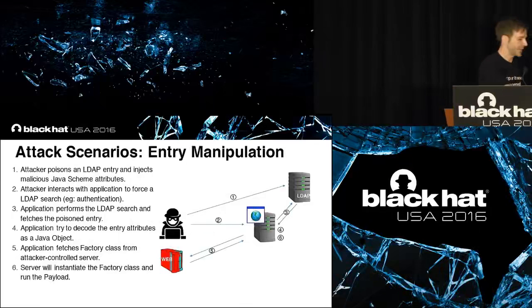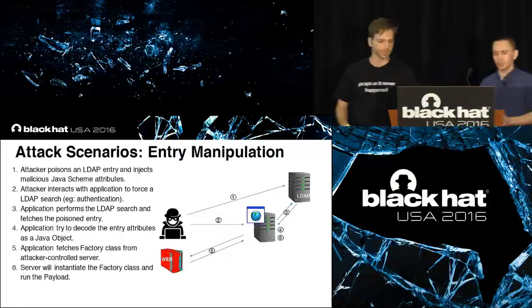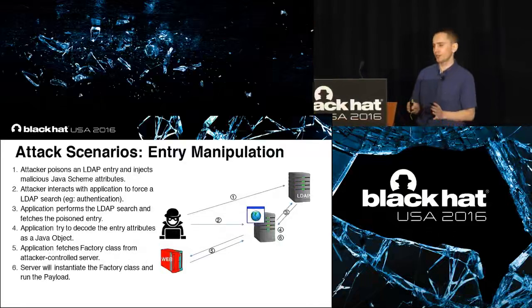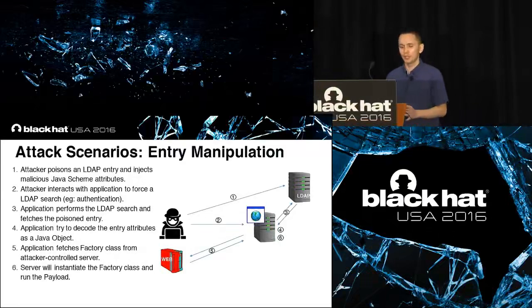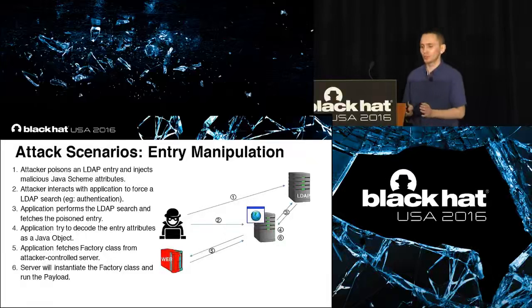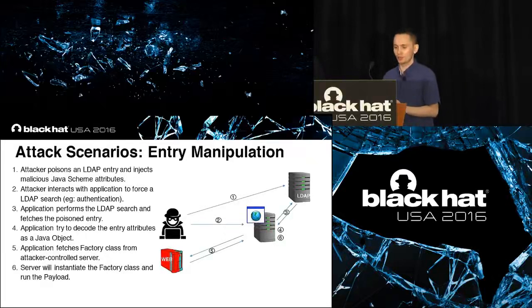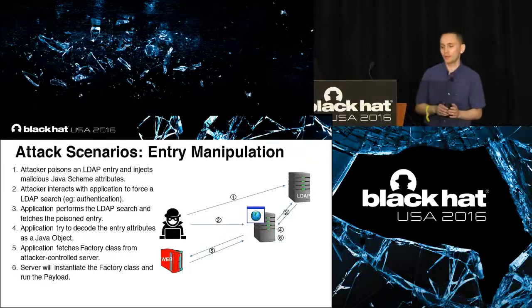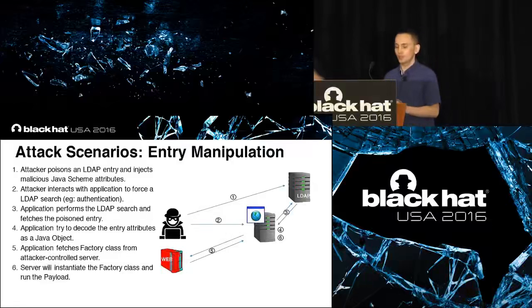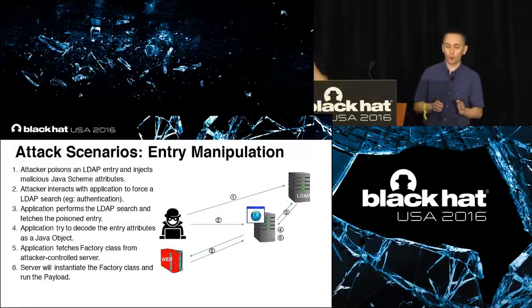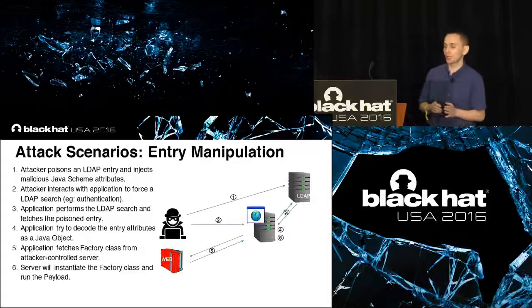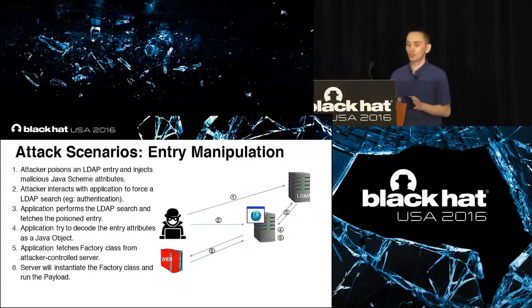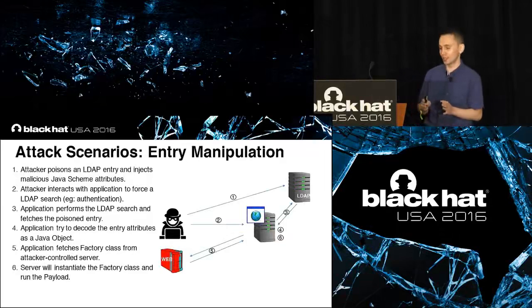So back to Alex. According to this attack scenario, we reduced the general processes to the following two. The first one we can see on this slide. First of all, the attacker poisons an LDAP entry in the LDAP server. After that, he interacts with a target application to force an LDAP search, and the application sends an LDAP search request to the LDAP server, and this LDAP server returns our poisoned entry.